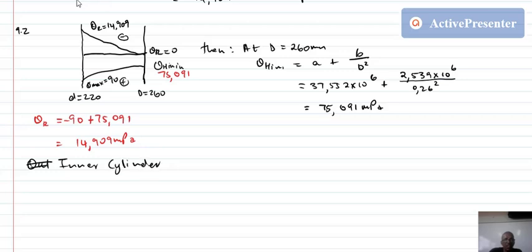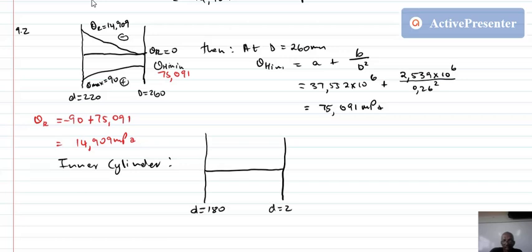Right. And then we go to the inner cylinder. We are going to look for the tensile stresses for the inner cylinder. When I draw my sketch there, I notice that for the inner, I have the diameter there of 180, and the diameter there, which is 220, the inner and outer diameter of the inner cylinder.